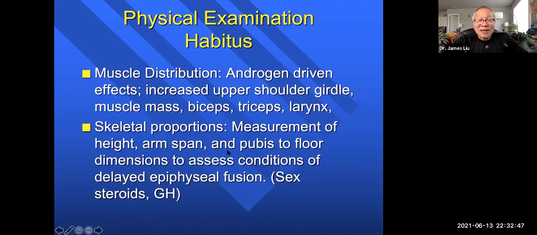And so there is a greater arm span than is typical. And so these individuals have a longer arm span. And you see that in individuals with delayed puberty.